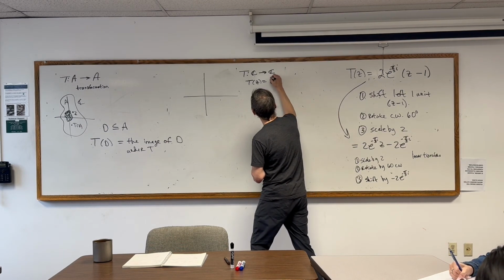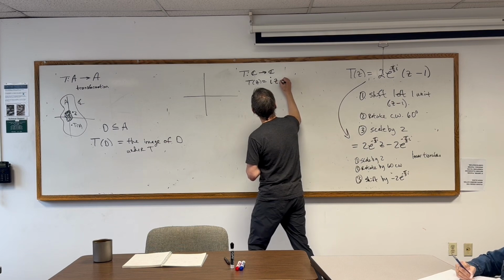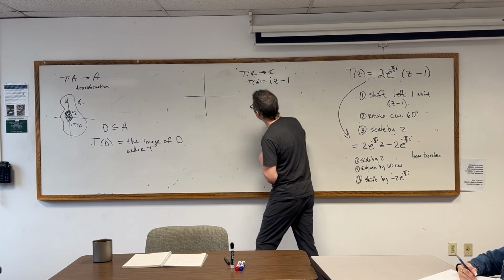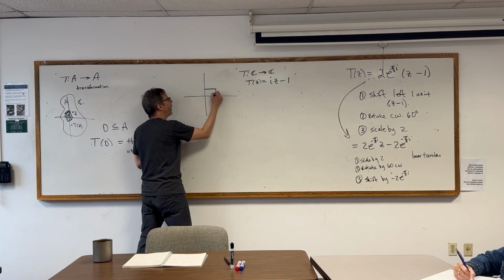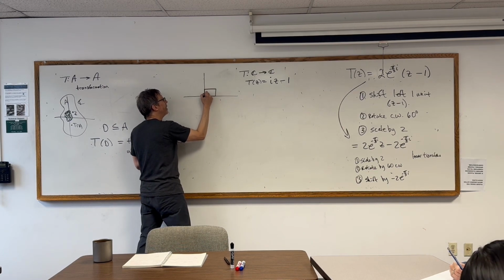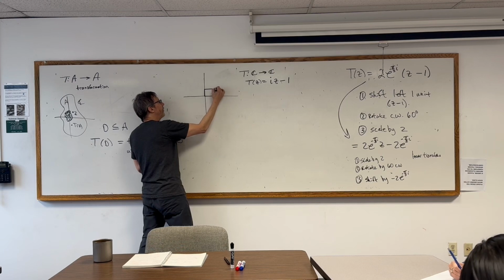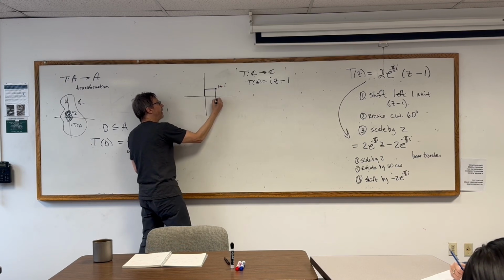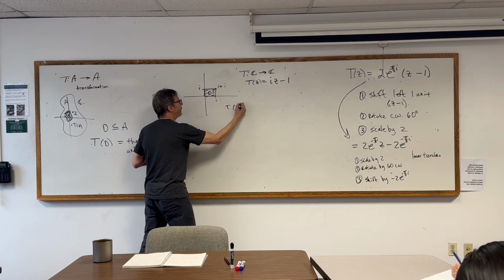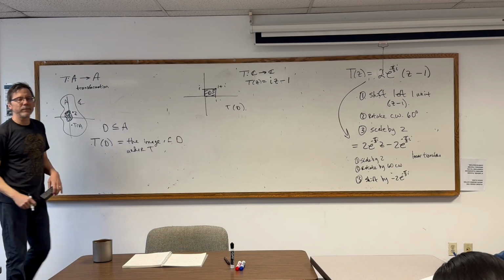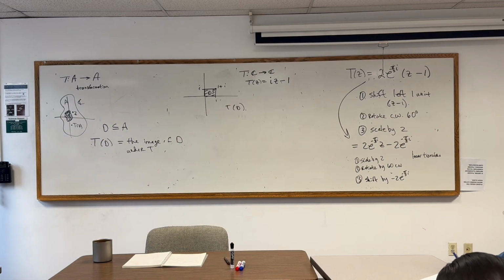Oh, here. iz minus 1. So what if my set D is this square right here? So I've got a square, it's got 1 plus i there, it's 1 there, it's i here. Here's my set D. What is T of D? So draw it is, I guess, what I'm looking for. Draw a picture.